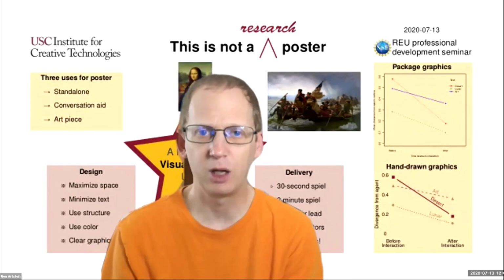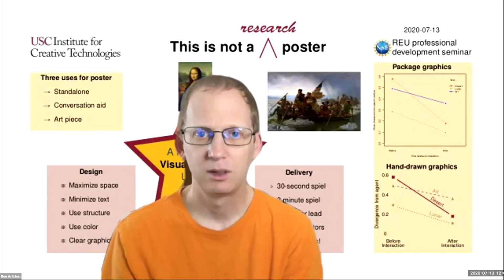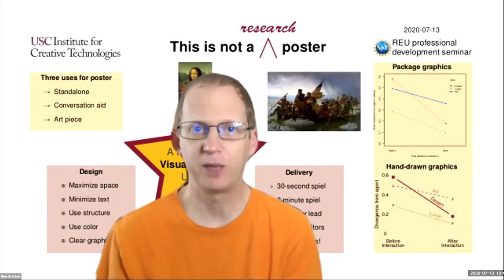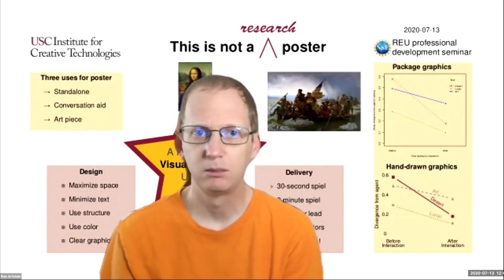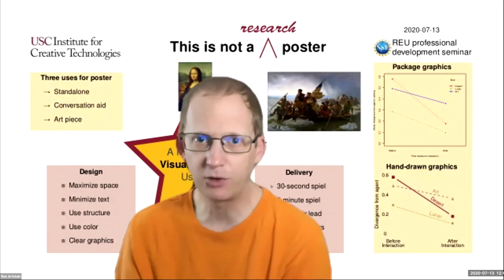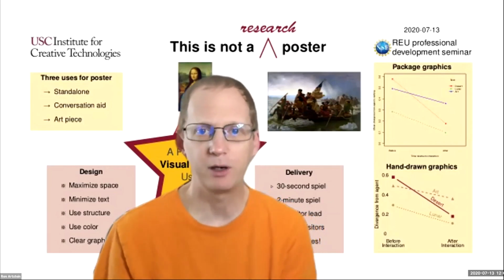Or is it too small? I see a check mark here, one thumbs up. Is anybody having difficulty seeing this? Would anybody want me to show this bigger? Okay, nobody wants it bigger, so I'll keep what we have there.